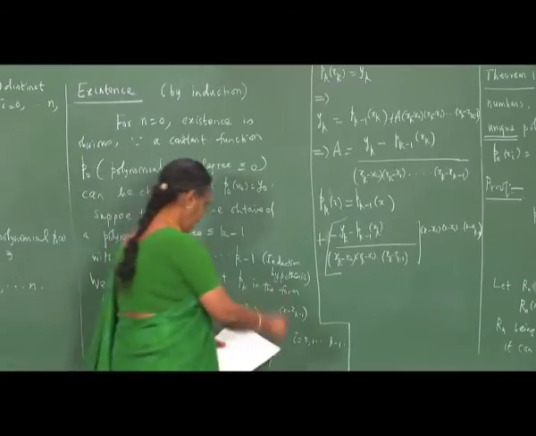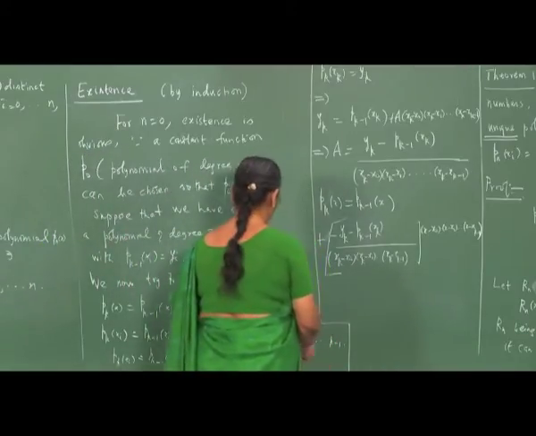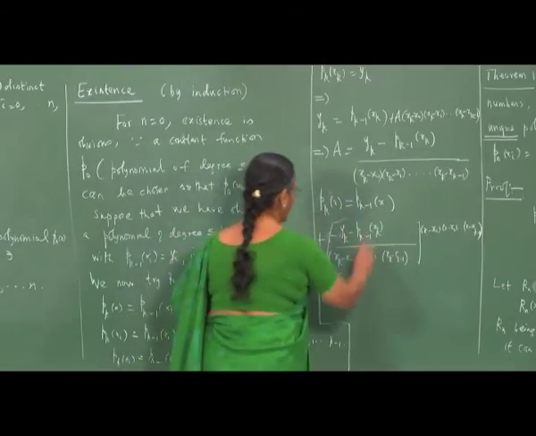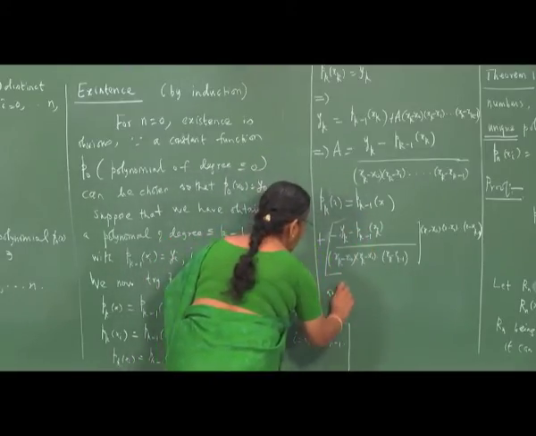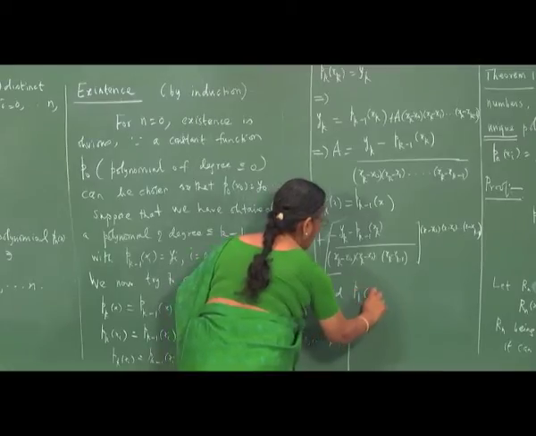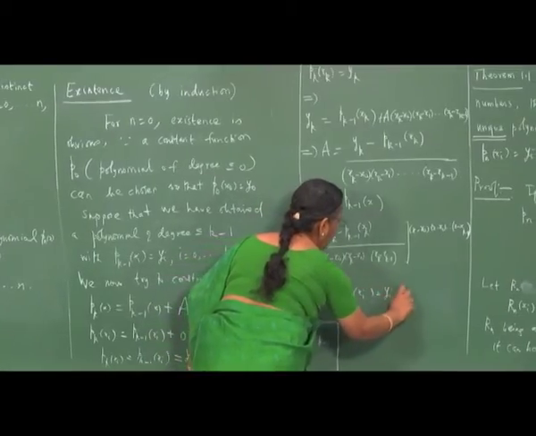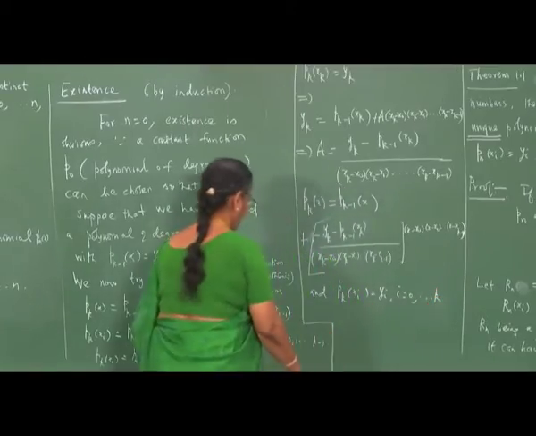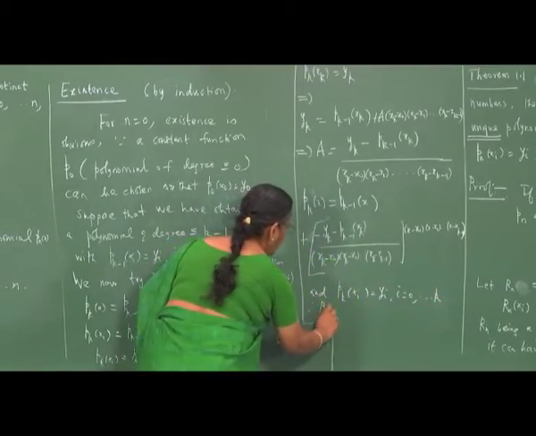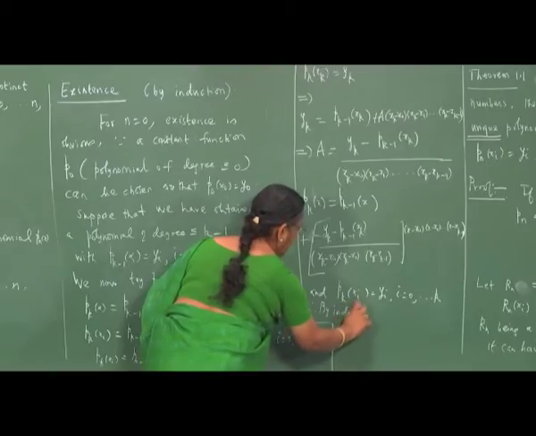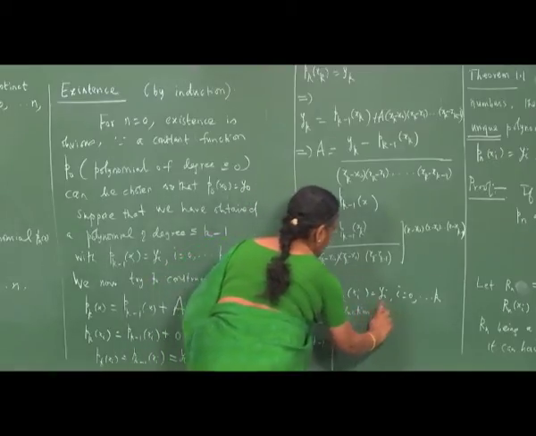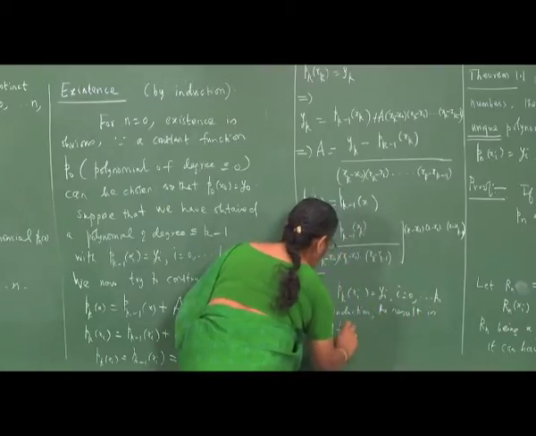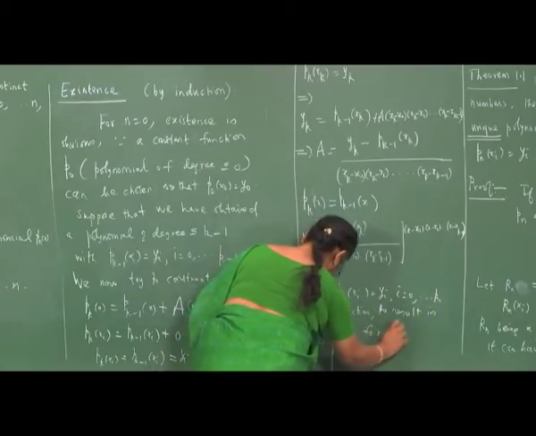So, the result is true for all n by induction. So, pk of x is this, and we have shown pk of xi is yi for I equal to 0, 1, 2, 3 up to k. So, therefore, by induction the result is true.